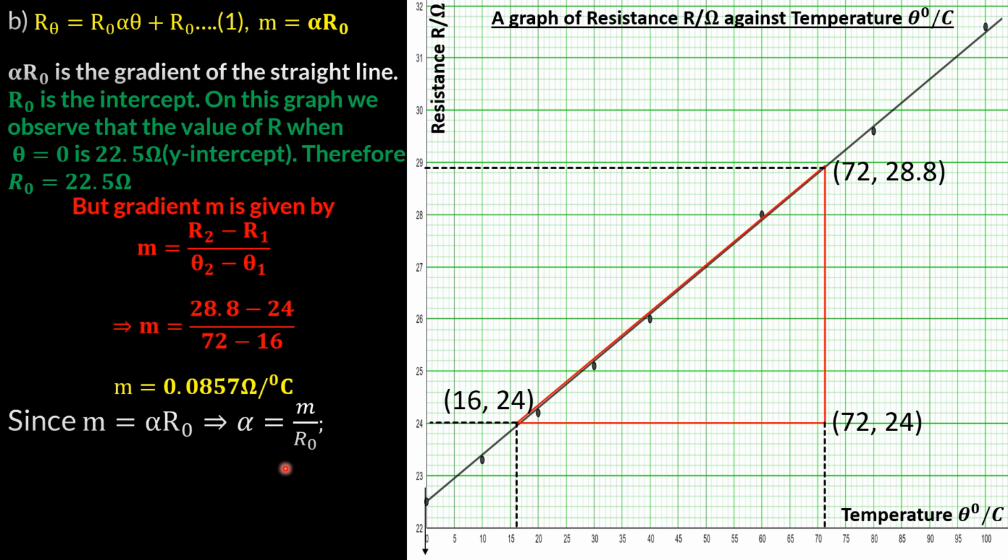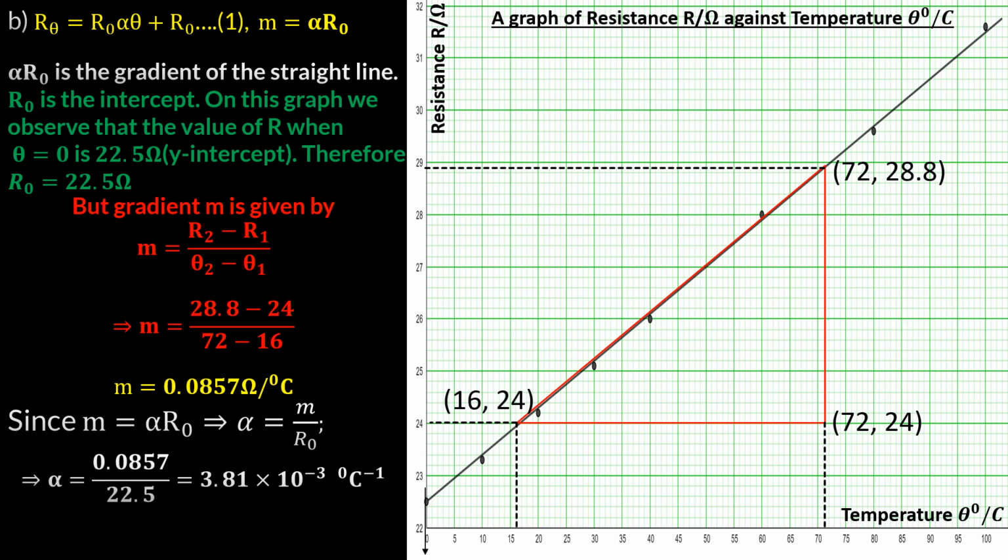So the ohms will simplify and we shall be left with the per degree Celsius. So therefore, the value of alpha, which is the temperature coefficient of resistance, will be in per degree Celsius, and numerical application gives us alpha to be 3.81 times 10 to the negative 3 per degree Celsius.